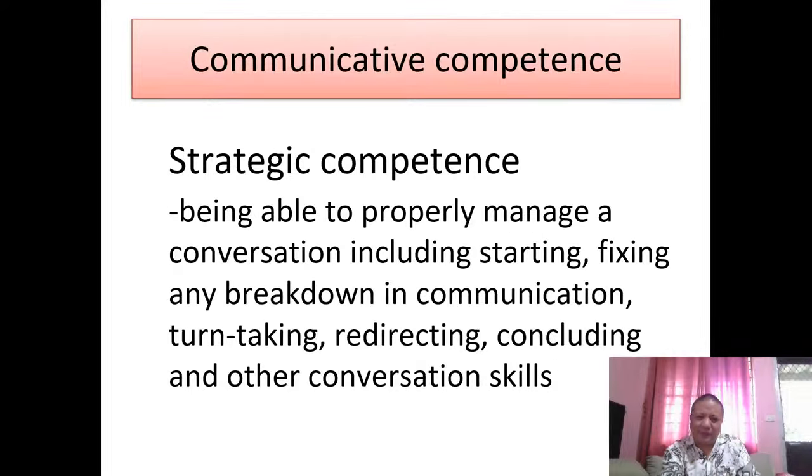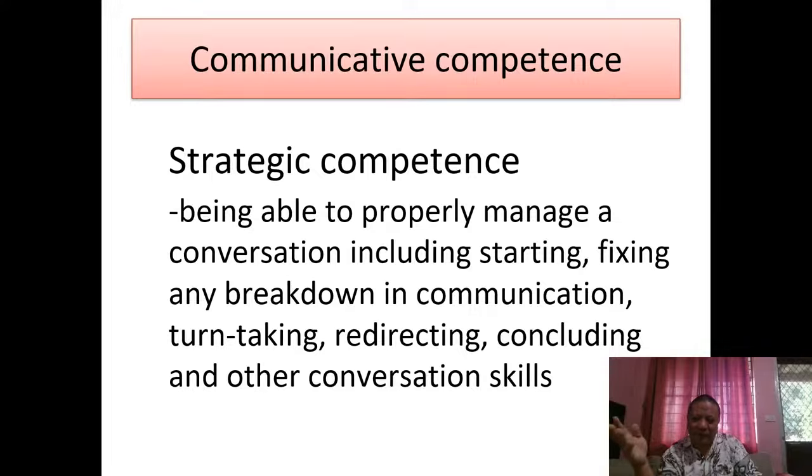And then there's another one. It's called strategic competence. This is being able to properly manage a conversation. That includes starting a conversation, fixing any breakdown in communication, turn taking, redirecting, changing the topic. How do you change the topic in Tagalog, for example?